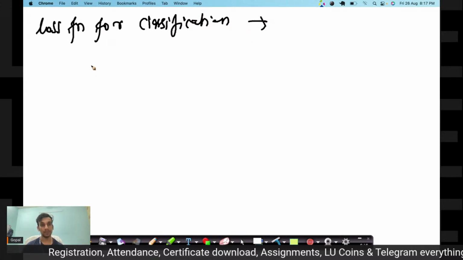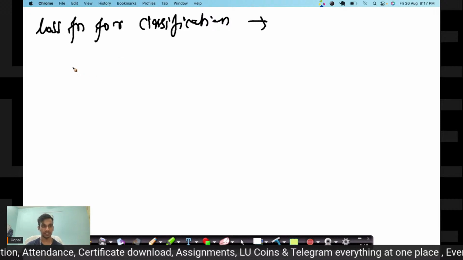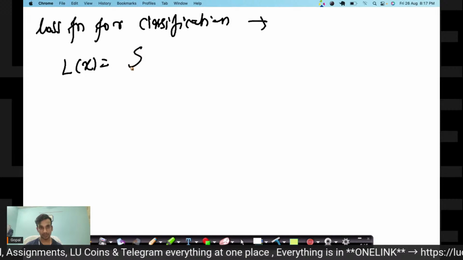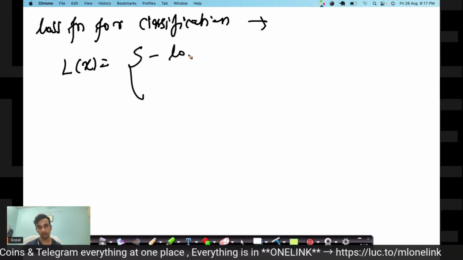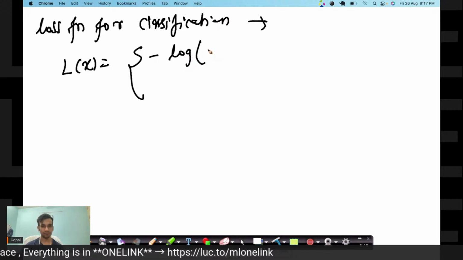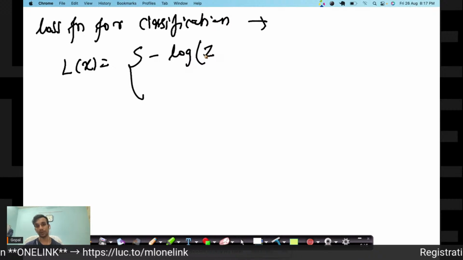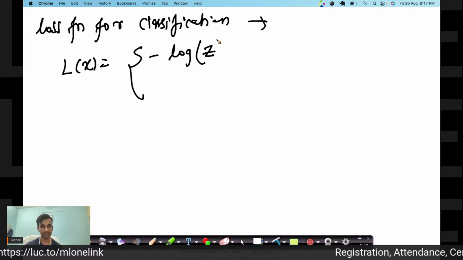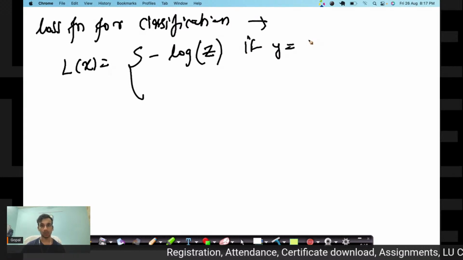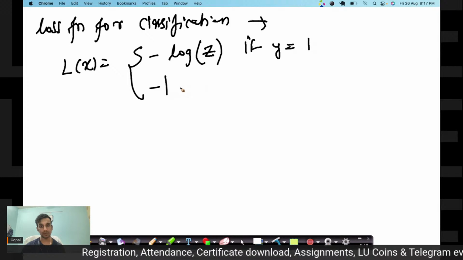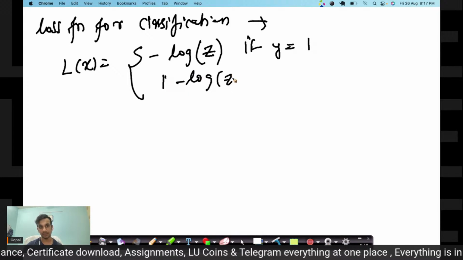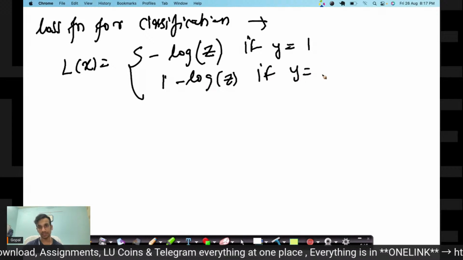I will represent this as L of X: minus log of Z if y is equal to 1, and minus log of 1 minus Z if y is equal to 0. I will explain what exactly Z is.